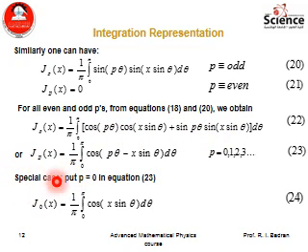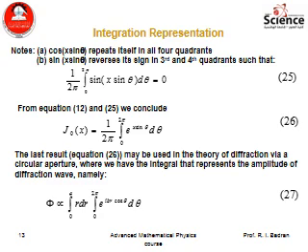Now if you take the special case of p equals 0, we're going to get J naught equal to the integral of cosine of x sine theta d theta. If we look at equation 24, we're going to see that the integrand cosine of x sine theta repeats itself in all four quadrants, so we can make the integral from 0 to 2 pi.